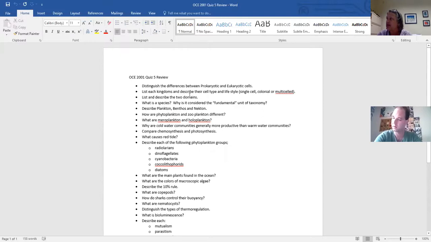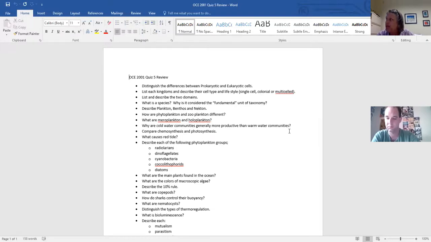And then the different kingdoms, cell type, lifestyle. So the kingdoms we're looking at are archaea, which are prokaryotic and a single cell lifestyle. They are known as the extremophiles, which love the anoxic or very hot or hypersaline environments. You have the eubacteria, which can be colonial, like the blue-green bacteria in filaments, or bacterial mats, or single cell, but they again are the prokaryotic cells.